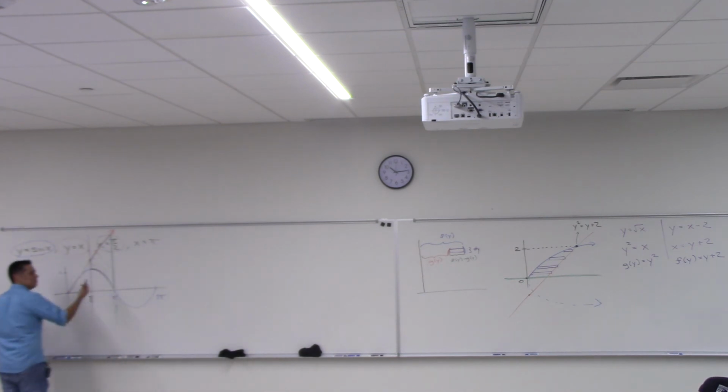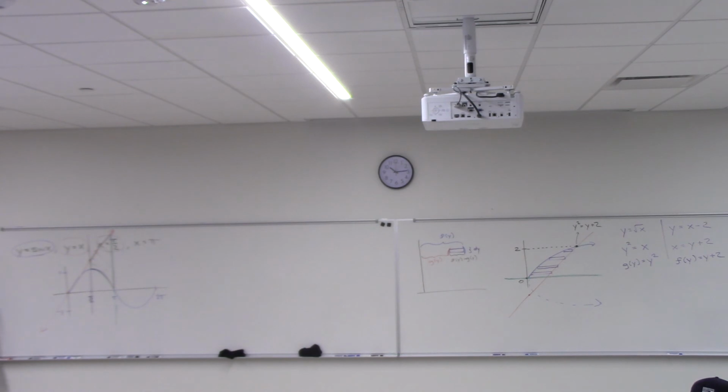Are you going to want to use vertical or horizontal rectangles here? Doesn't matter, okay. If it doesn't matter, what makes more sense? Imagine you have a vertical one moving from left to right here. You always have the same function on top and the same on the bottom, right? So I move from left to right, this line is always on top and the sine curve is always on the bottom. What if you go this way?